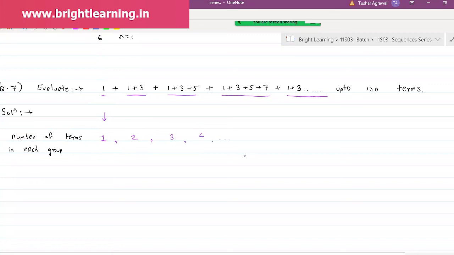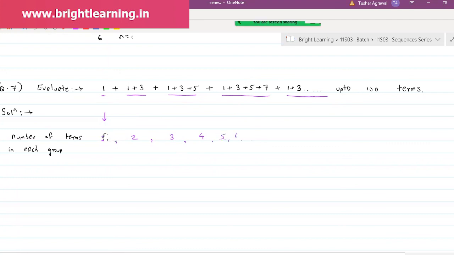If I terminate the original sequence at the fourth group, the number of terms is 1 plus 2 is 3, 3 plus 3 is 6, 6 plus 4 is 10. So 4 groups completed means 10 terms, or 10 terms completed means 4 groups. So if I want 100 terms, what do I want?